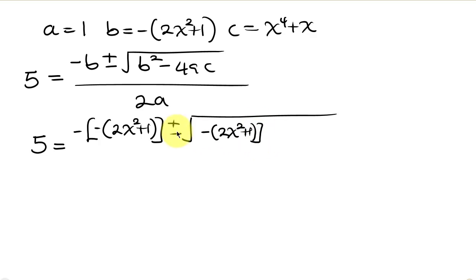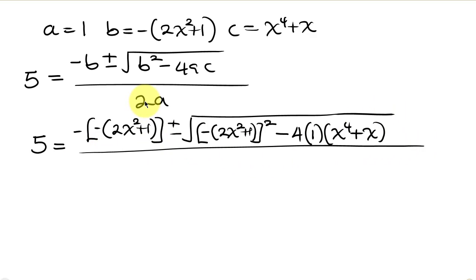And I'm going to be squaring this. Very good. Minus 4 times a times c. So 4 times a. What is a? A is 1 times c. C is x to the fourth plus x. So x to the fourth plus x. Very good. All over. Now the denominator, 2 times a, that is 2 times 1.